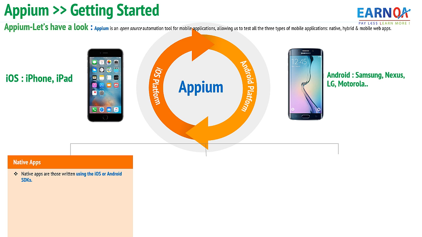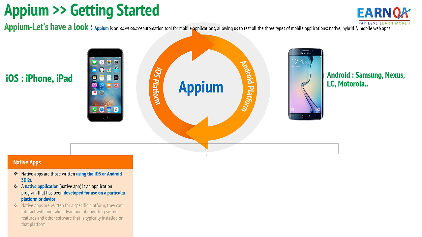Let me put it a little more clearly. A native application is a program developed or designed for use on a particular platform or a specific device. For example, if I design an application for Android, it works only for Android. It cannot work for iPhone or iOS.